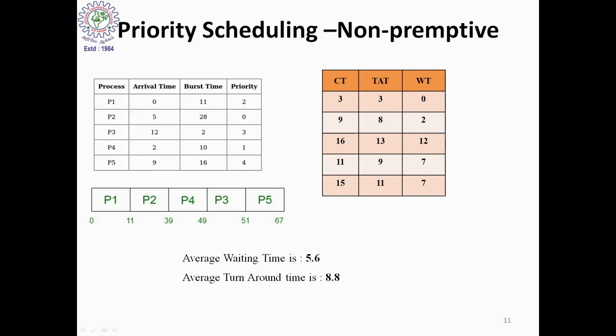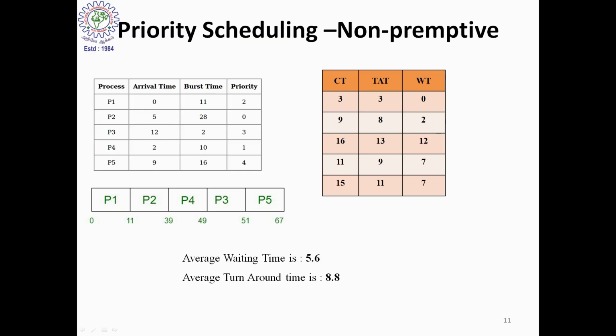For this problem, we have considered that the lower number present in the priority column represents the highest priority. The process which has the lower number will have the highest priority.